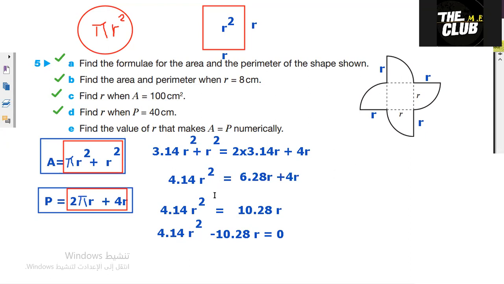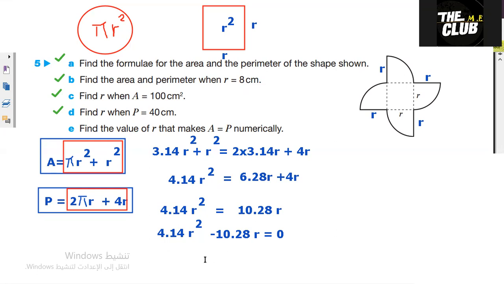First, to factorize these, we notice that 4.14 and 10.28 don't have any common factors between them.